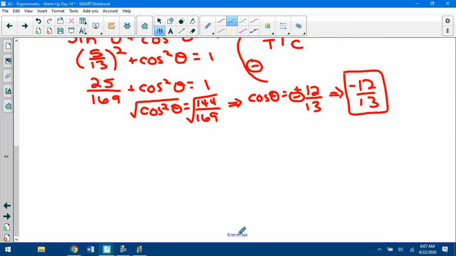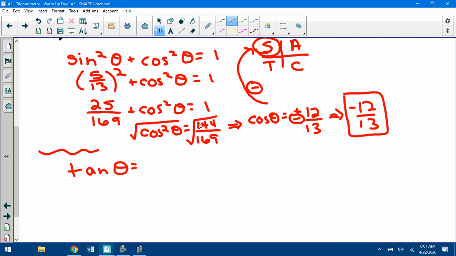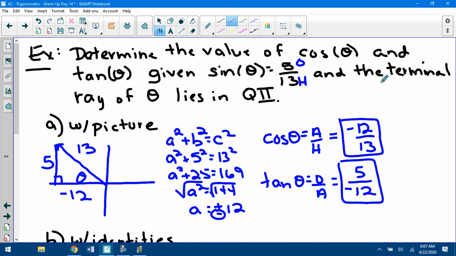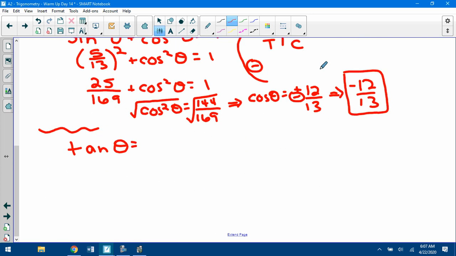How would I find tangent with identities? Well, again, you have to think of what you have. I need tangent, but I have sine and now I also have cosine, so how is tangent related to sine and cosine? Right, tangent is sine of theta over cosine of theta. So this would be hard to find if you didn't already know cosine, so it's good that we did that first.